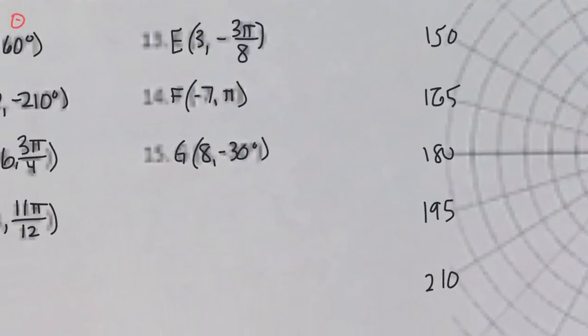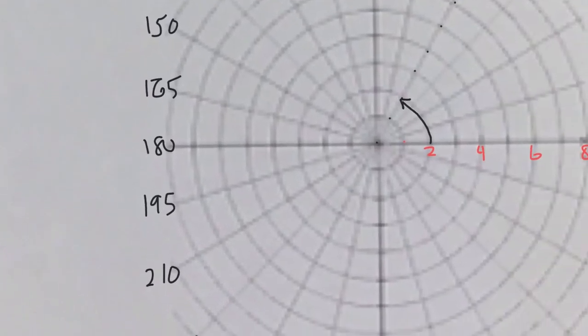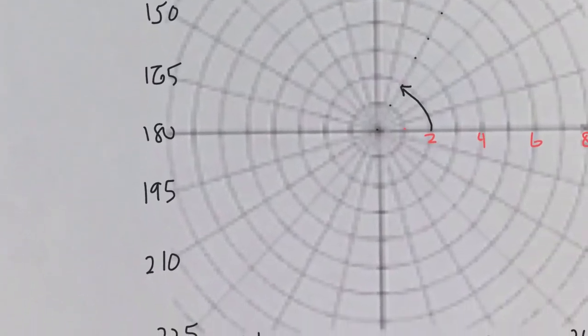Okay, B is at 2, negative 210. So this is how we do negative 210. So here is positive 210. So we're going to go up to its mirror. Okay, we're going to find the mirror of 210, which is up here at 150.